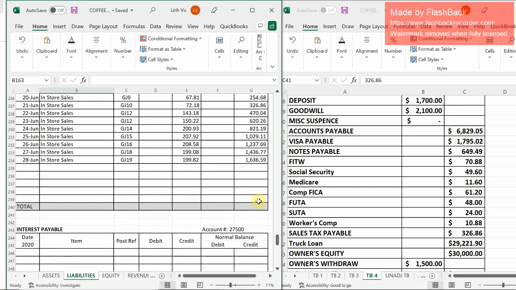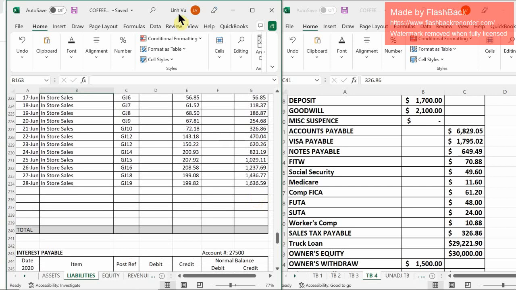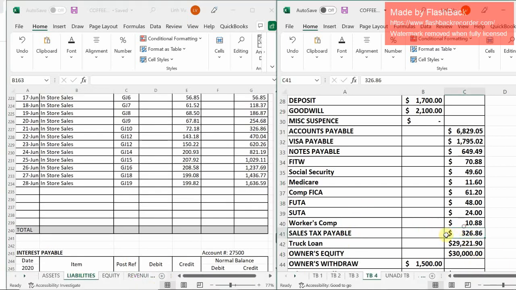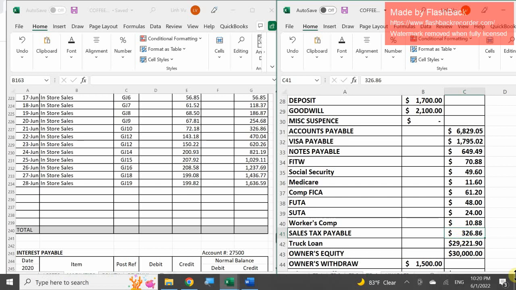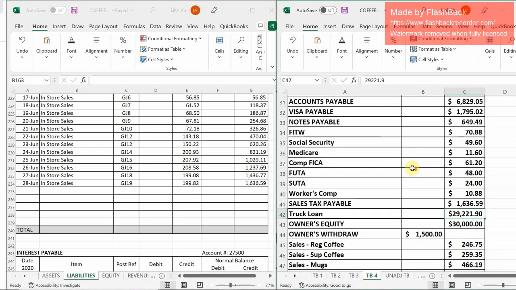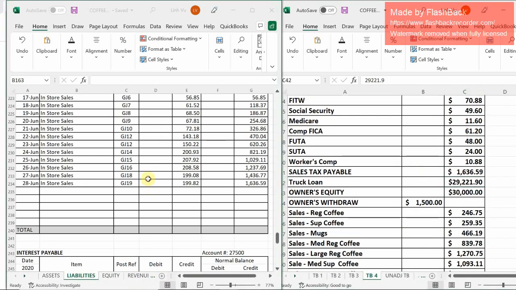Sales tax payable. How much sales tax have I collected? I collected a grand total of $1,636.59 worth of sales tax. Okay.